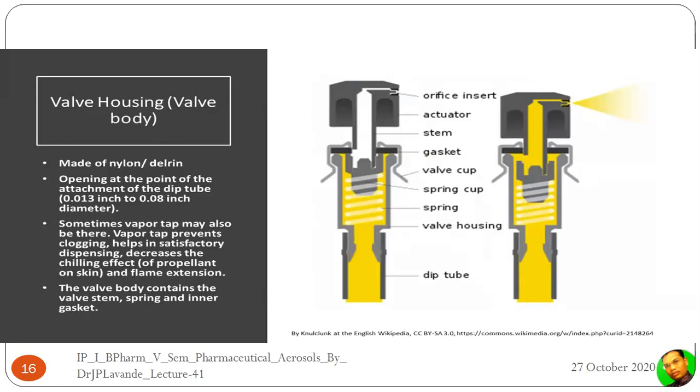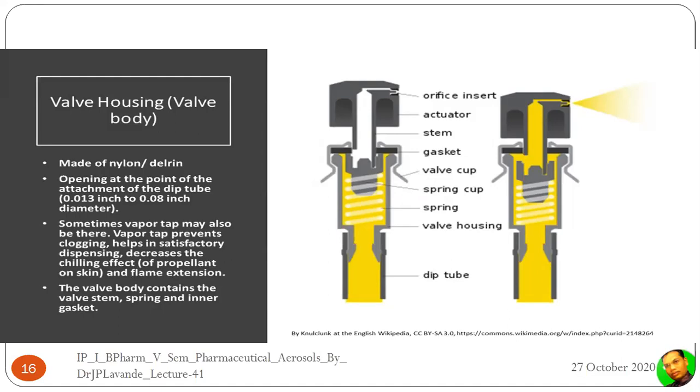The opening at the point of attachment of the dip tube is 0.013 inch to 0.08 inch in diameter. Sometimes a vapor tap may also be there. A vapor tap prevents clogging, helps in satisfactory dispensing, and decreases the chilling effect of the propellant onto the skin and the flame extension.